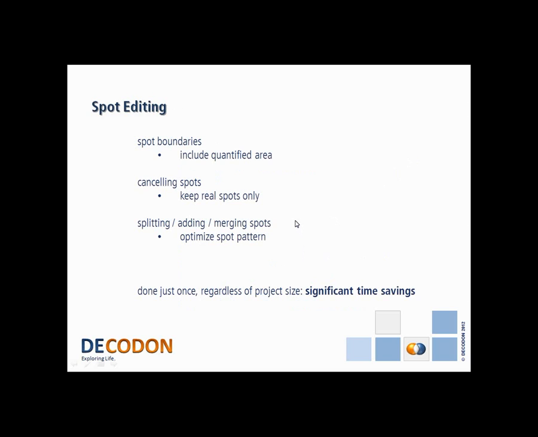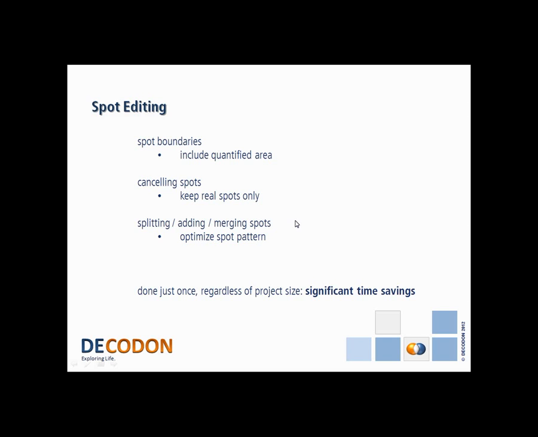What does that mean to have a spot boundary? The spot boundary is defining the area in which a spot quantity is measured. The absolute spot volume of a certain spot is calculated by summing up all the gray values within its spot boundary.